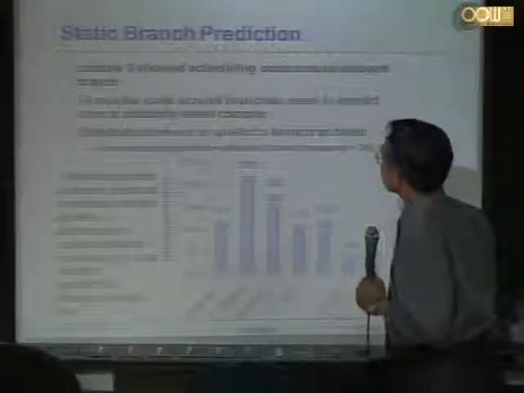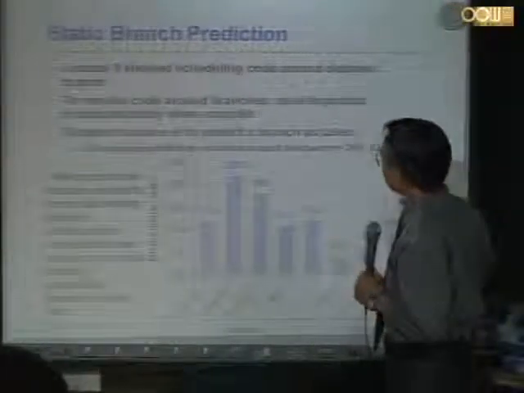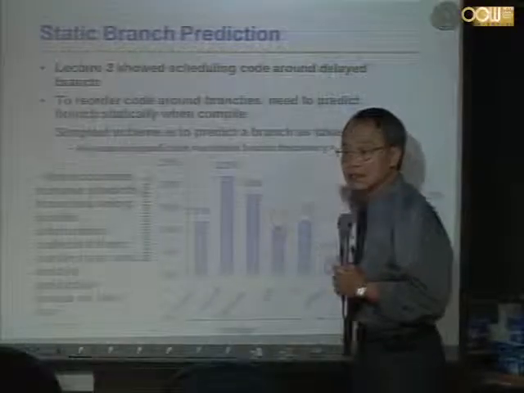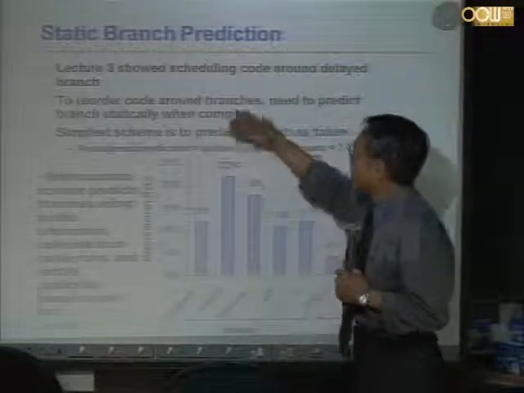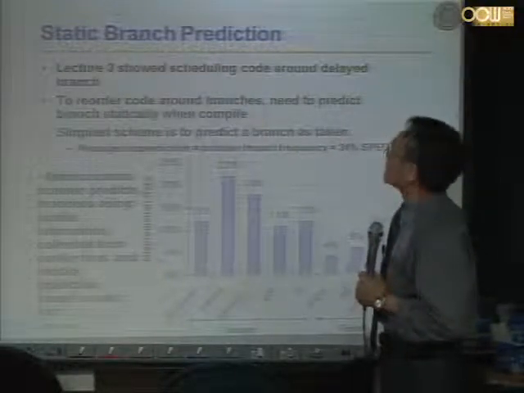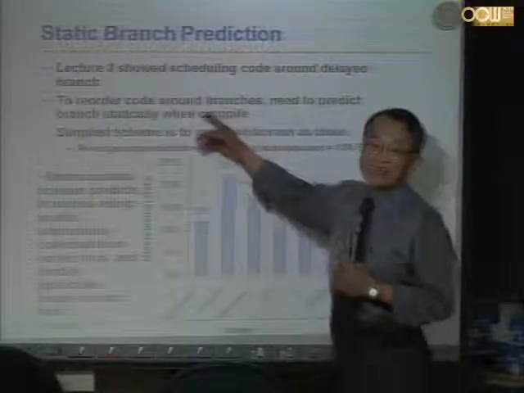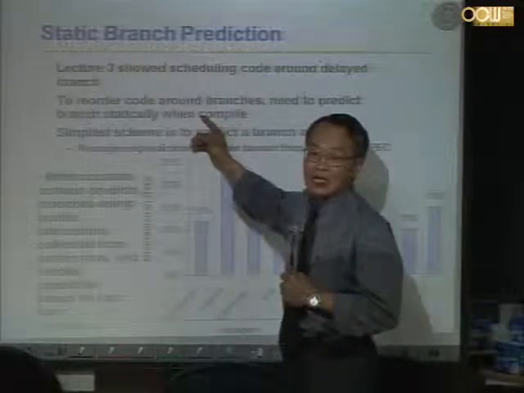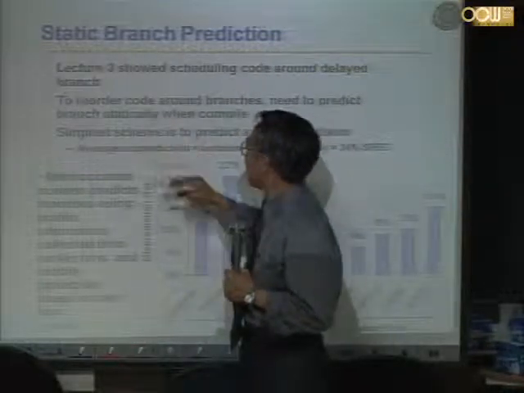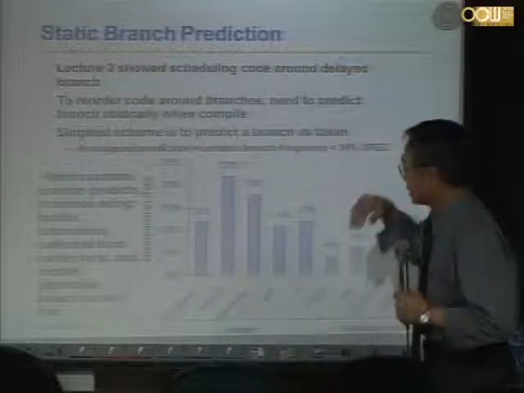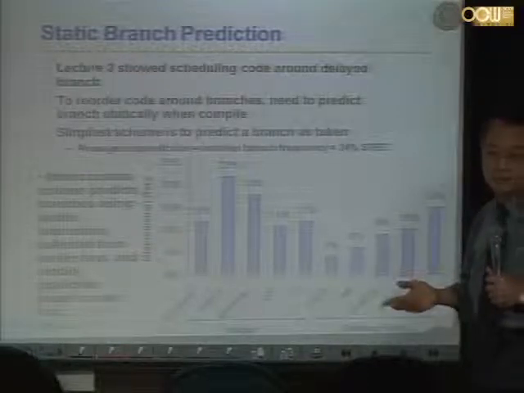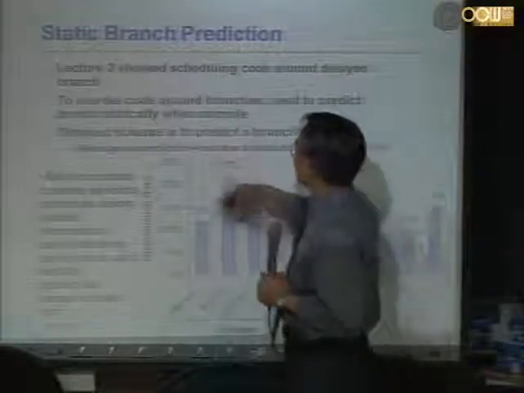Okay, so whether we want to move an instruction from the target or the fall through to replace the no-ops in the delay slots depends on whether we think this branch will be taken or non-taken. Okay, so we need to have some static knowledge of that branch instruction. Or if no knowledge, at least you need to have judgment. Okay, so the simplest scheme is just to wait.